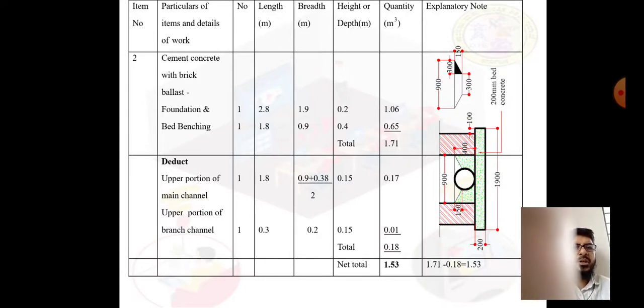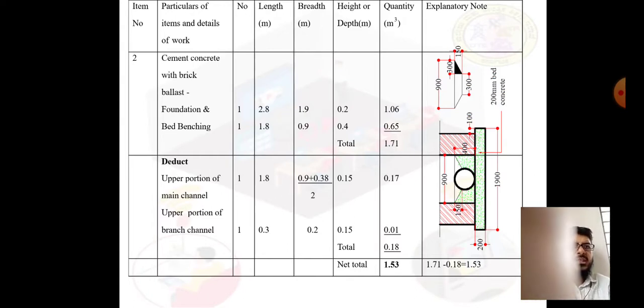So the quantity we have to deduct is 1.8 into the average width, 0.9 plus 0.38 divided by 2, into the height 0.15. So we get 0.17 as the quantity to deduct.